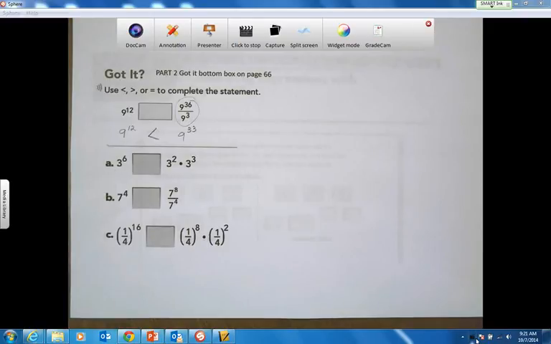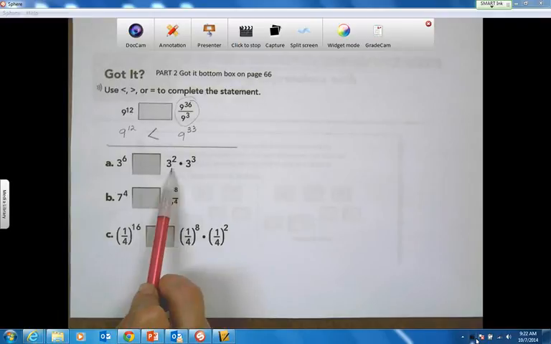Okay, now think about a pizza. Which is bigger, a half or a fourth? A half is bigger, right? You'd rather have a half than a fourth? So as you multiply fractions, they actually get smaller. The more times I multiply them, they get smaller.